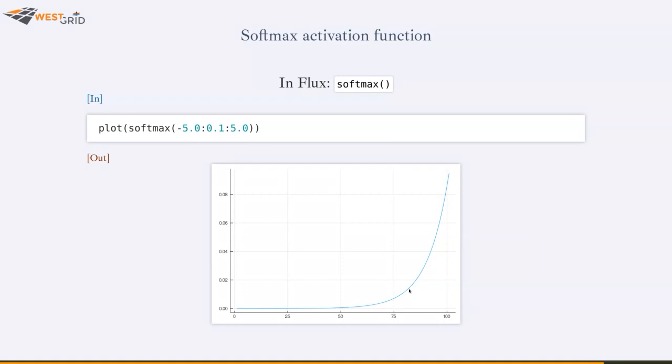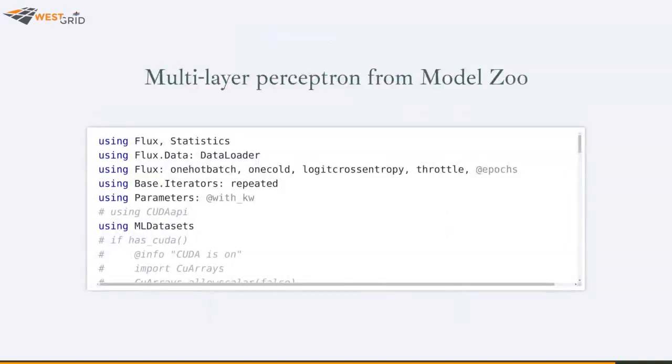In order to really see what the softmax function looks like, you would need a multi-dimensional space, because instead of outputting a vector, it outputs a tensor, and a tensor is a multi-dimensional array.